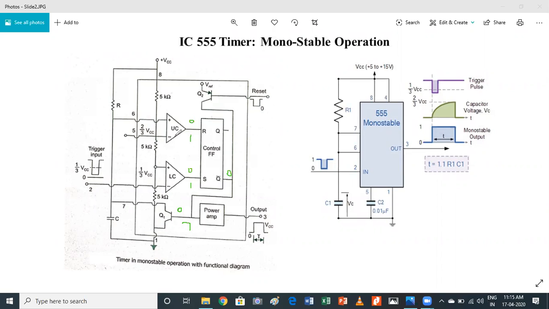So when the input is greater than 2/3 VCC, the upper comparator becomes logic 1. So the R input of the control flip-flop becomes 1. So now here Q bar becomes 1, Q becomes 0. Okay. Now 1 means this is the high.